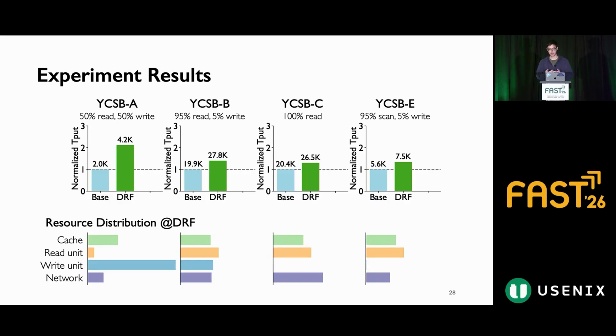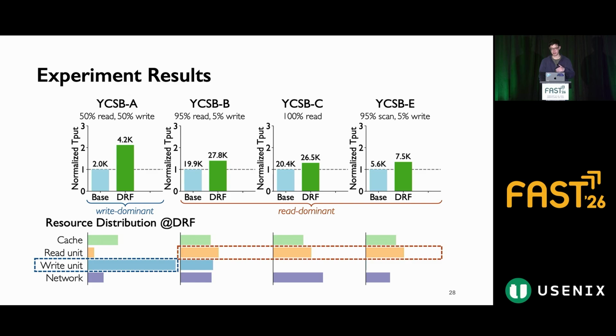With DRF, the cache will remain unchanged, but each tenant will get higher throughput because we have a better distribution of read and write units. In this case specifically, tenant A is write dominated, so it receives more write units. Similarly, the other 3 tenants are read dominated and receive more read units. That's how DRF gets more gain.